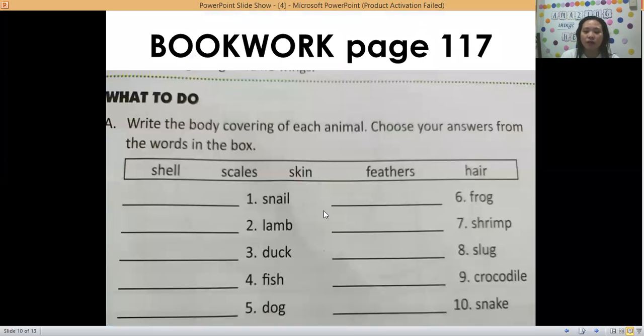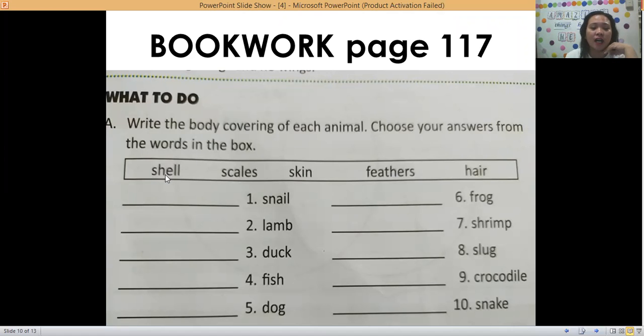Next, now get your book and open it on page 117. Okay, letter A. It says here, write the body covering of each animal. Choose your answers from the words in the box.